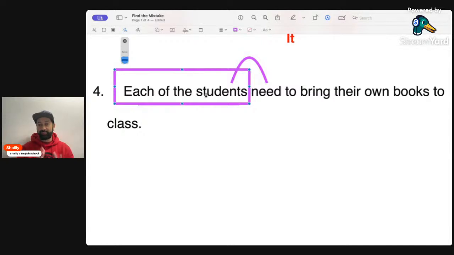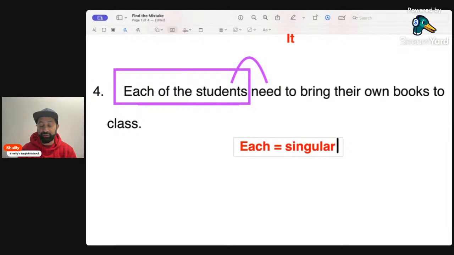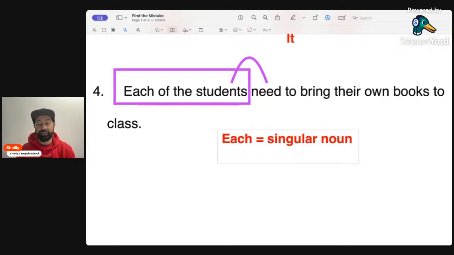And each equals a singular noun. Singular means only one. So that could be it or he or she. It's a singular noun. So we have to change the need to needs.